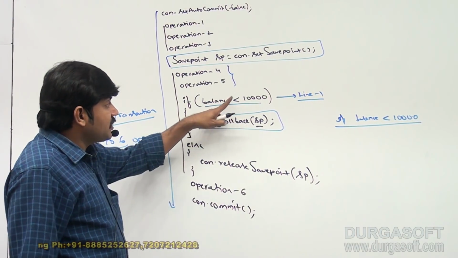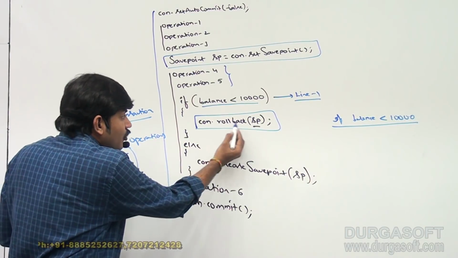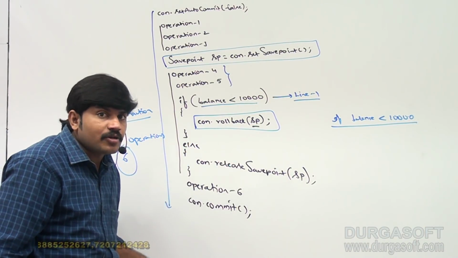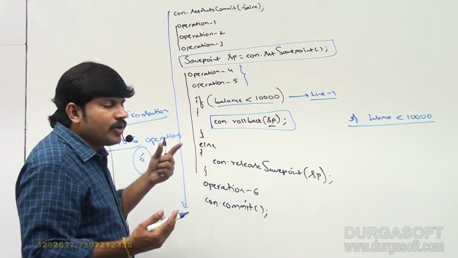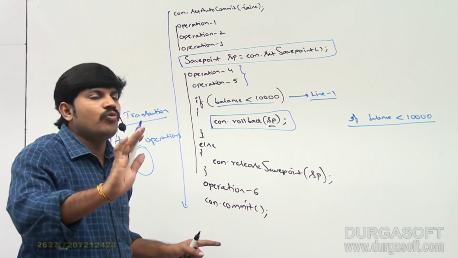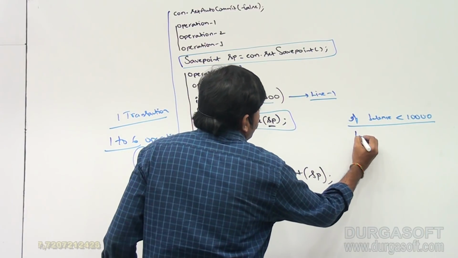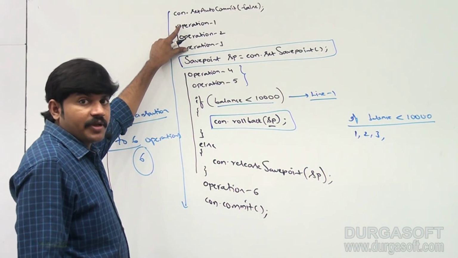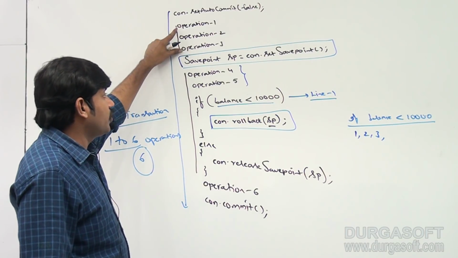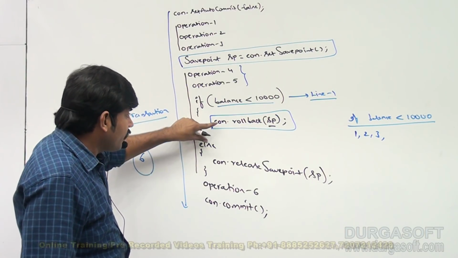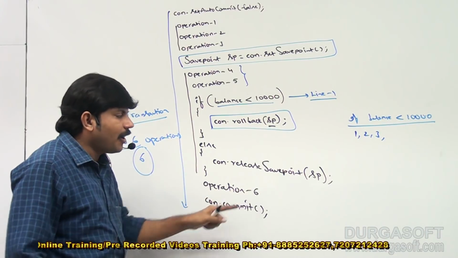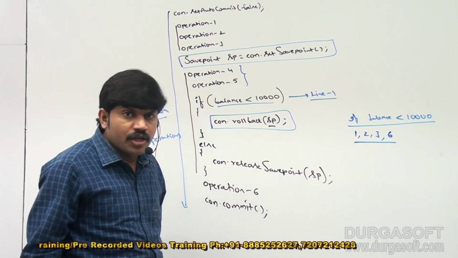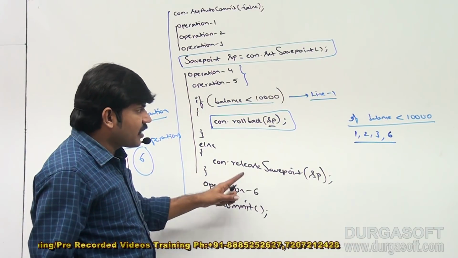If the balance is less than 10,000, conn.rollback(sp), then automatically 4 and 5 will be rolled back. Then the only operations considered are 1, 2, 3, because these 3 operations were performed before the save point. Next operation 6, that's all, and then the commit operation. Are you able to understand, right?